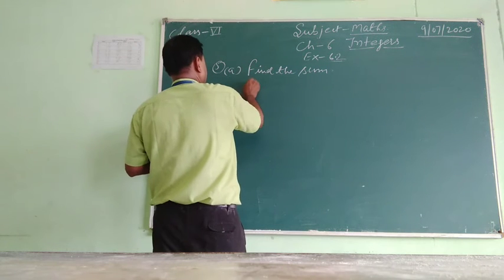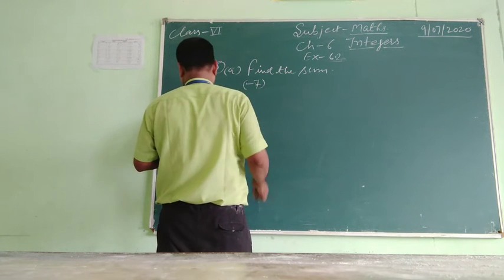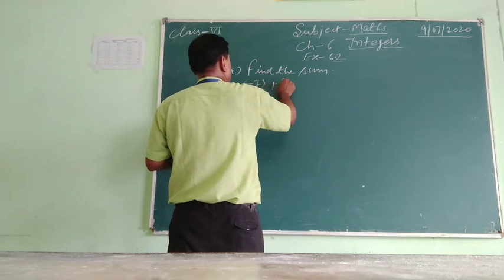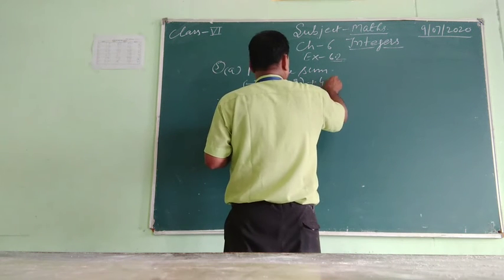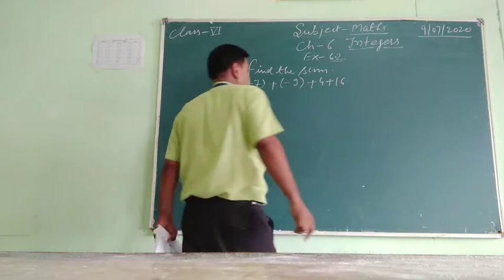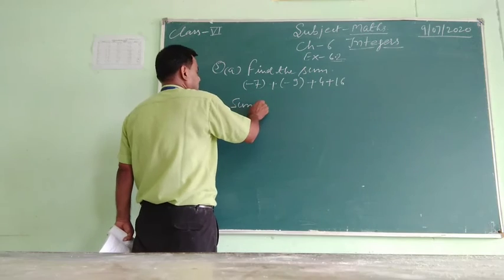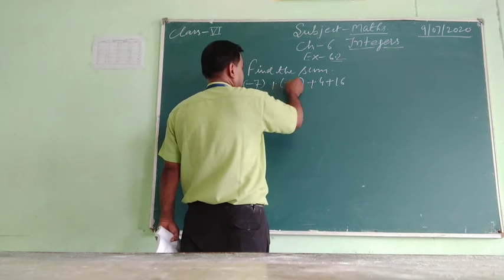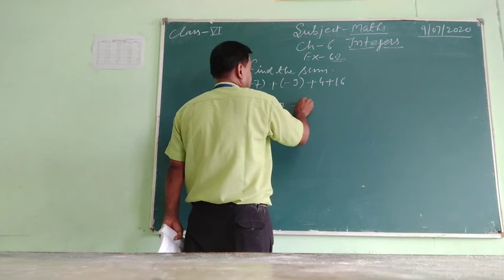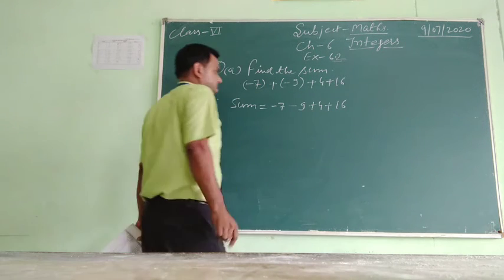Minus 7 plus minus 9 plus 4 plus 16. We have to find the sum. Minus 7 plus minus 9 plus 4 plus 16.